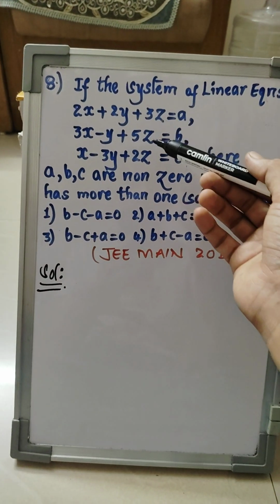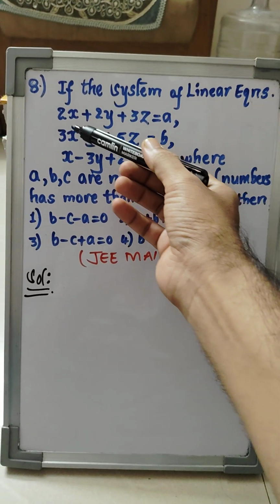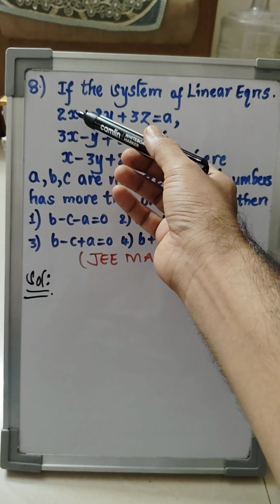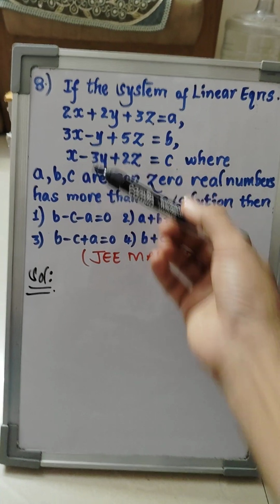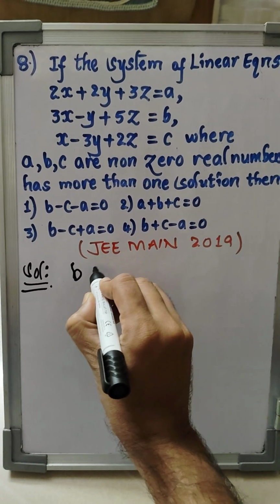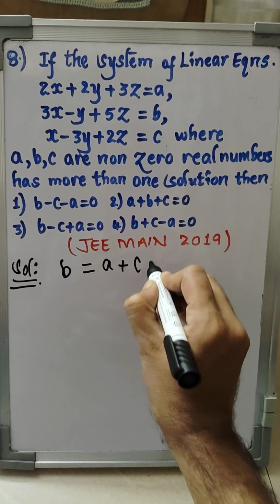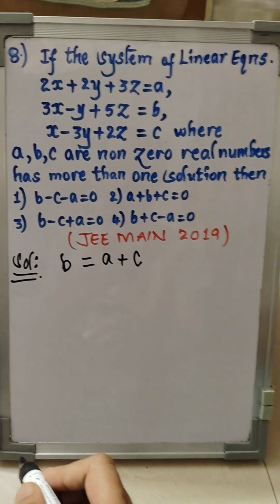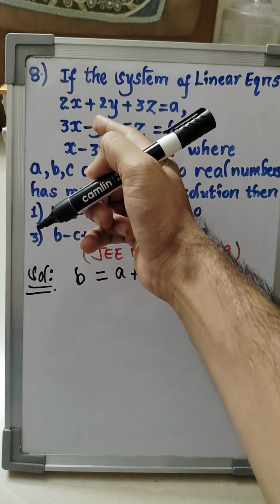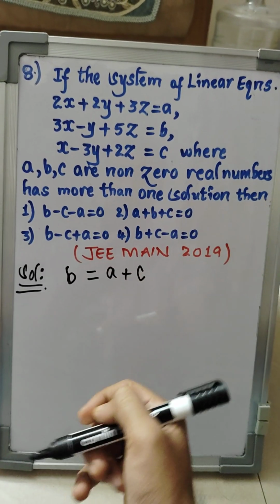If you observe these equations, the second equation will be equal to the sum of the first and third. That means the second equation's b value is equal to a plus c. 2x plus x is 3x, 2y minus 3y is minus y, 3z plus 2z is 5z.